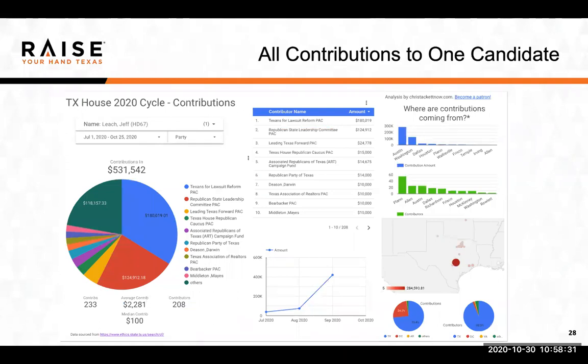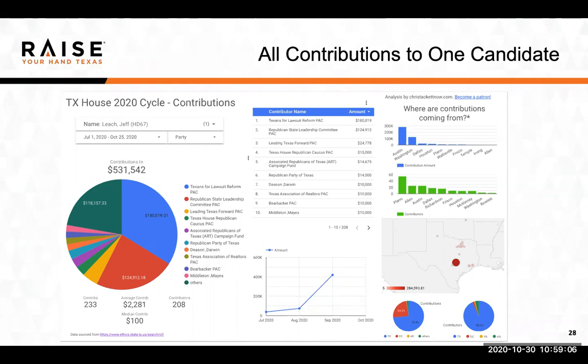Let's look now at all contributions to one particular candidate. This chart format looks like the first one that we saw, that was all contributions to Senate candidates. This is all contributions to one. In this case, for this candidate, starting with the pie chart on the left, the top 5 or 6 are organizations, and then that is followed by an individual and an organization.